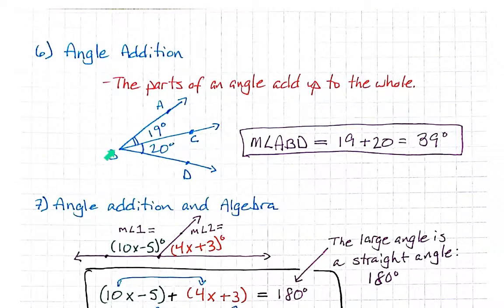Notice it would be a bad idea to call this angle B, just with the vertex, because the two small angles and the big angle all share the same vertex. So we want to specify using the ray name ABD, wrapping around. So the measure of angle ABD is the small 19 and 20 degree angles put together for a total of 39 degrees. And you could also use this in reverse. Say you knew the big angle was 39, you knew that one was 20, you would subtract and find out that that was 19.